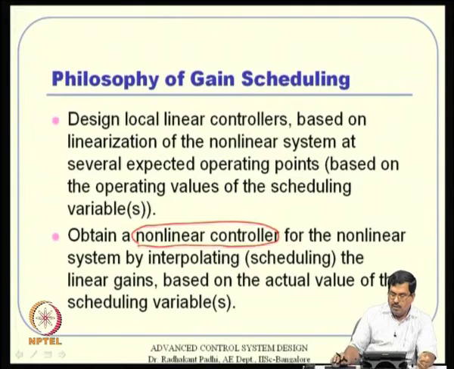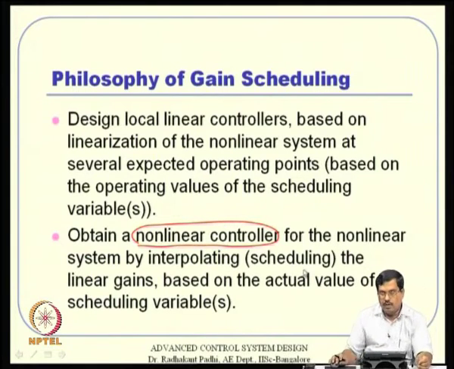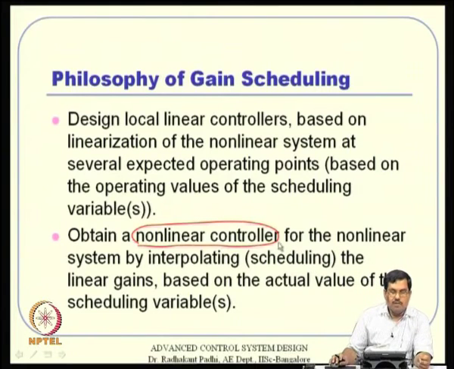So, we obtain a nonlinear controller for the nonlinear system by interpolation. That interpolating algorithm is nothing but the scheduling algorithm actually. All right. So, at any operating point, we should have the actual value of those scheduling variables, and the grid point data is already available with us. So, based on the grid point data, we try to interpolate and get the control gain actually. So, that is the philosophy of gain scheduling.